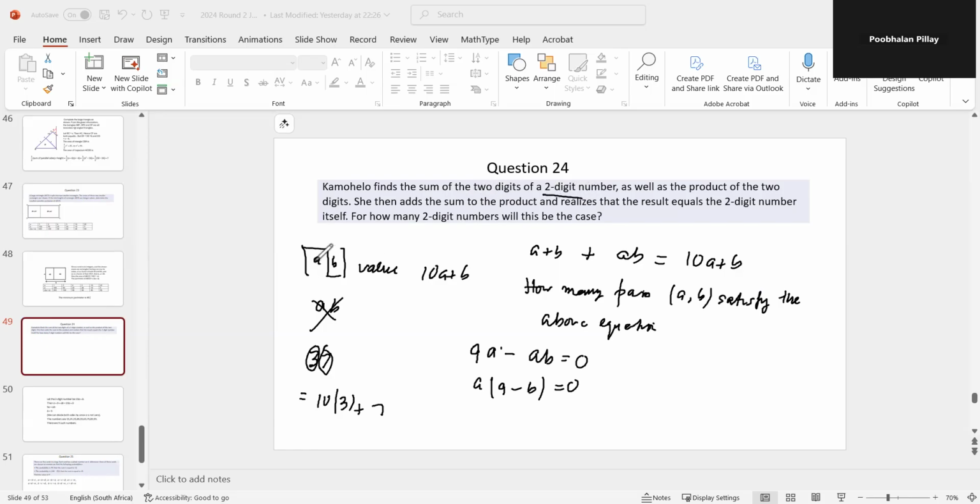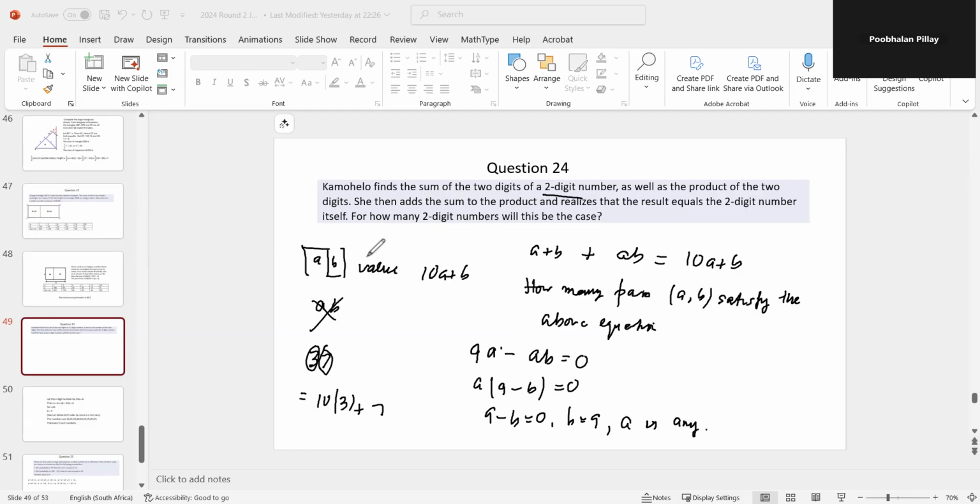You can't very well have a 0 in front of a two-digit number, then it becomes a one-digit number. So A is not 0, so the other one has to be 0. That tells you that B is equal to 9. Now, if B equals 9, it doesn't really matter what A is, because 9 minus 9 times any number is 0. So A is any digit.